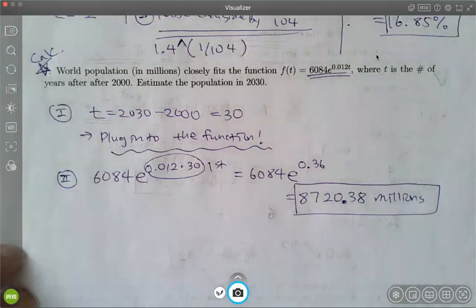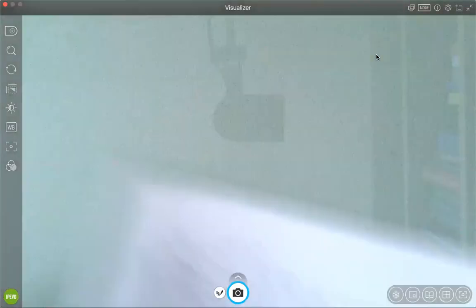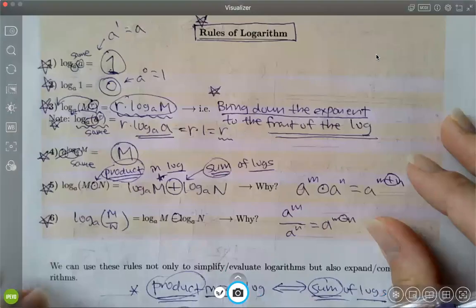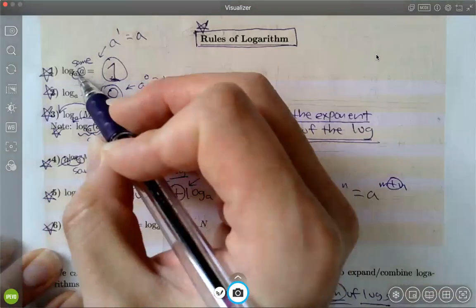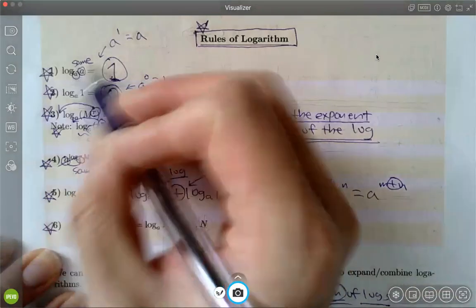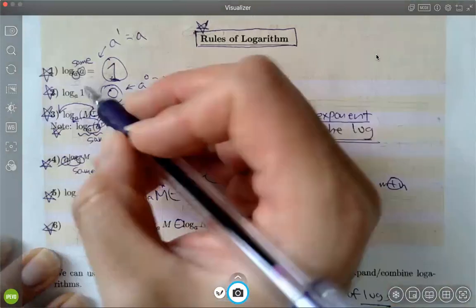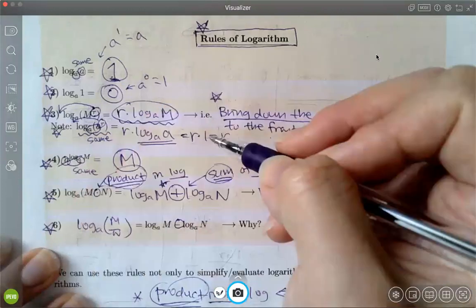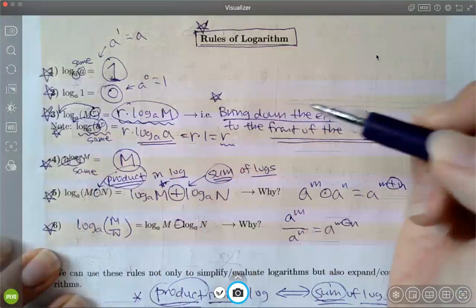Okay, so that's that. And then yesterday, we saw these rules of logarithms. Basically, when these two numbers are the same, it cancels everything and it's equal to 1. Now, if that number is equal to 1, then the answer is equal to 0, and you can just convert them into exponential form and see why that's the case.